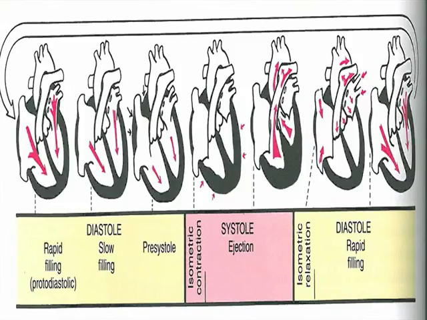Looking at the left side of the heart, the pressure exceeds that in the aorta, so the aortic valve opens and the blood is ejected rapidly. Once it is ejected, the pressure falls and the aortic valve swings shut. And this is closure of the semilunar valve.